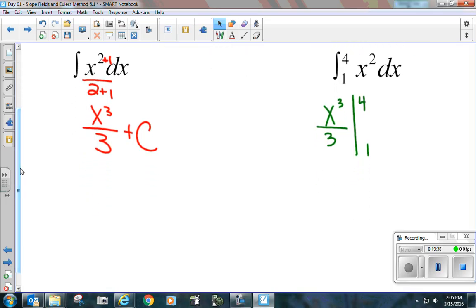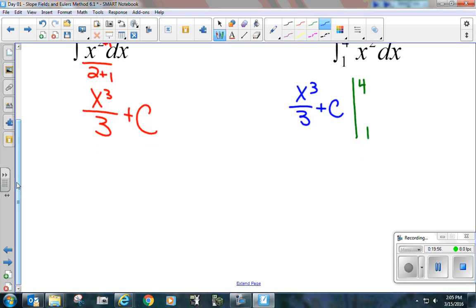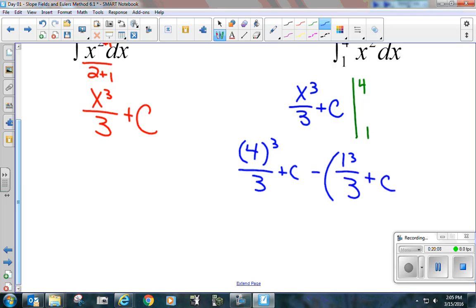Here's the reason that we don't need this C. If I were to integrate this without the bounds, I would have x cubed over 3 plus c, right? Which means I would have 4 cubed over 3 plus c minus 1 cubed over 3 plus c.